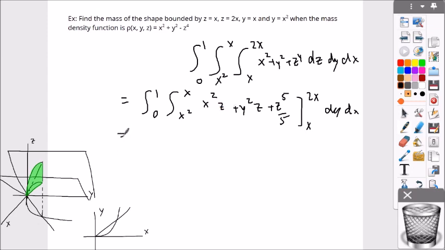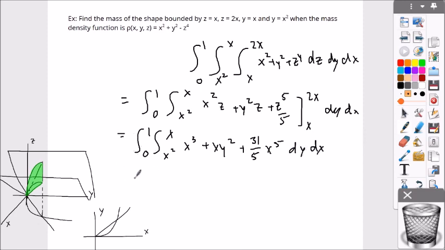So that's what I'm going to do to make this a little bit quicker. 0 to 1, x squared times 2x is 2x cubed, minus x squared times x is x cubed, so it's x cubed, plus xy squared. And then plus 2x to the fifth is 32 over 5 x to the fifth, and then minus 1 over 5 x to the fifth. So it's plus 31 over 5 x to the fifth, dy dx.